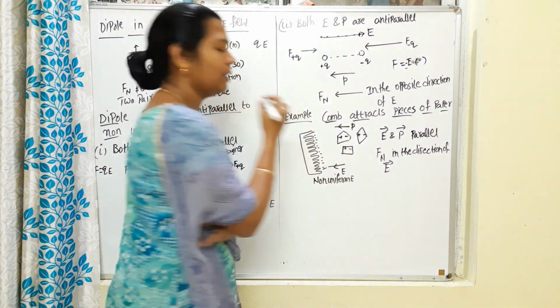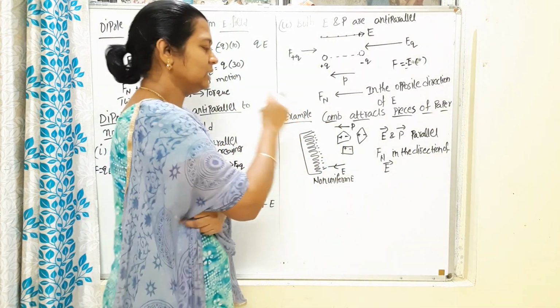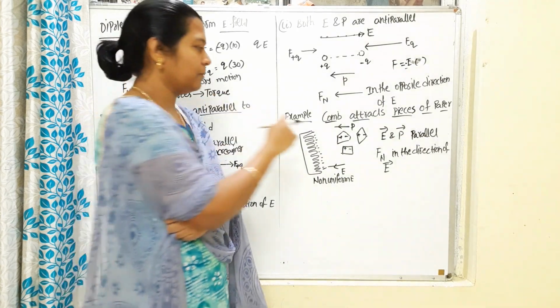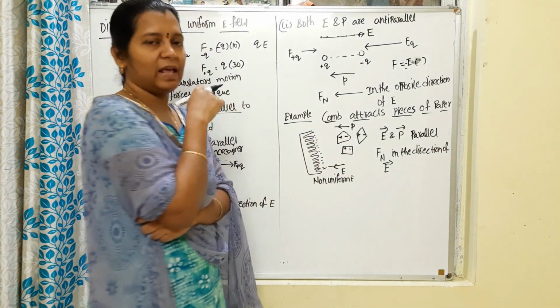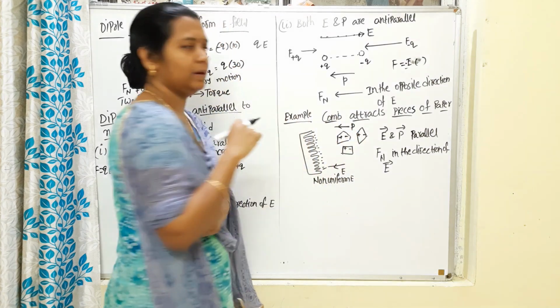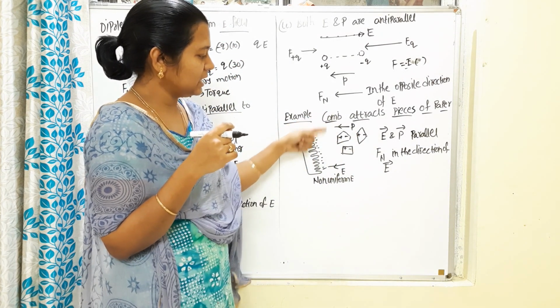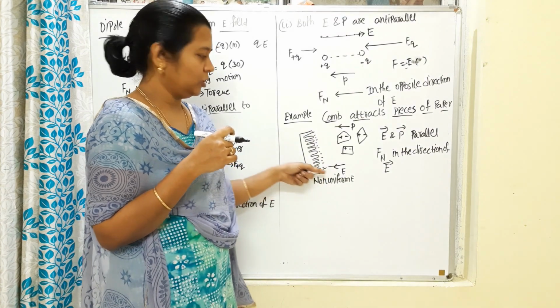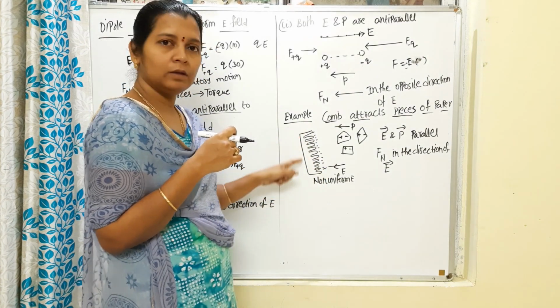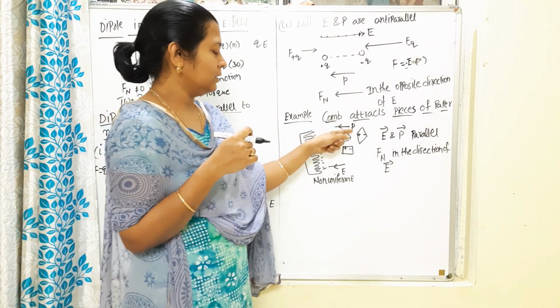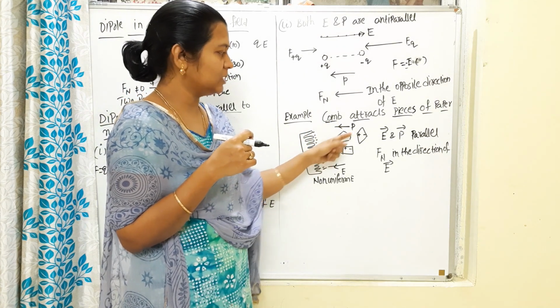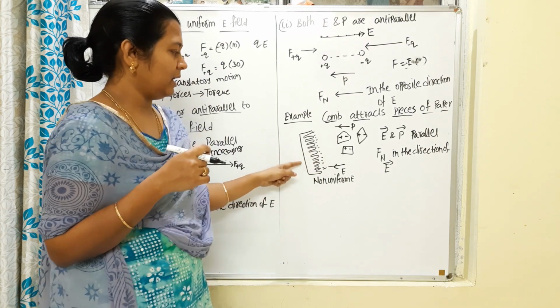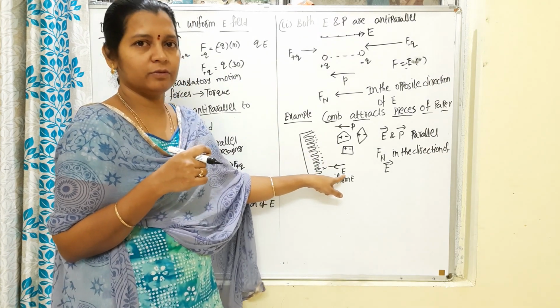So dipoles are induced. What is the direction of the dipole? The direction of the dipole is from minus to plus. So observe, what are E and P? Both are parallel to each other. The electric field due to the charge on the comb and the dipoles induced in the bits of paper are both parallel, and this is a non-uniform electric field.